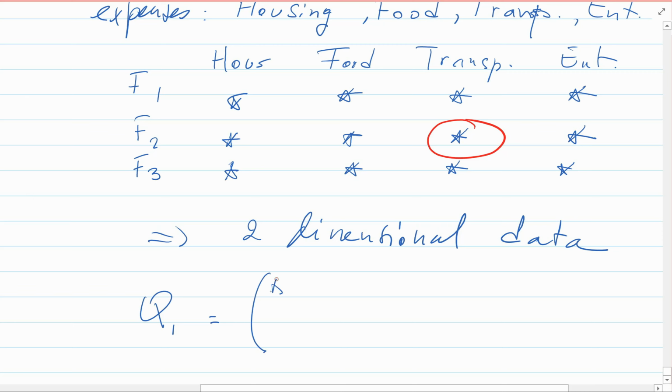These are the housing expenses for the 3 families, then the food expenses for the 3 families, then the transportation expenses for the 3 families, and finally the entertainment expenses for the 3 families.